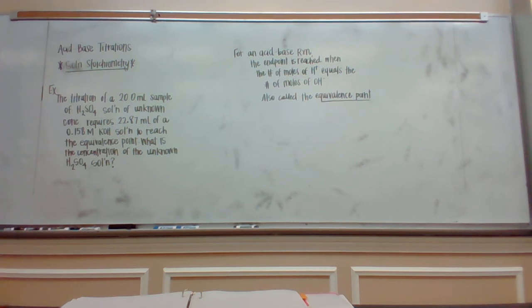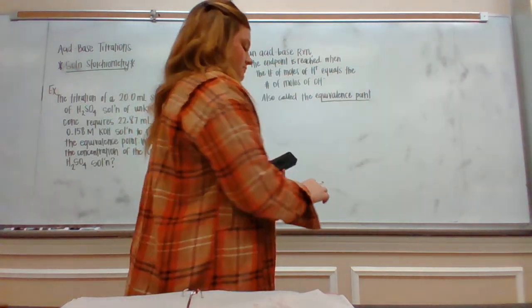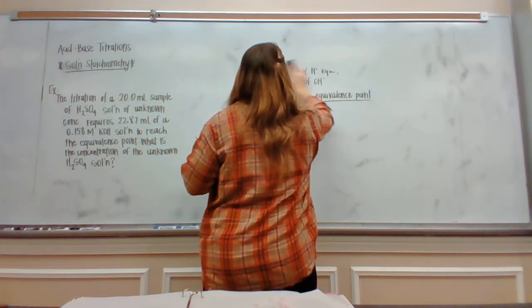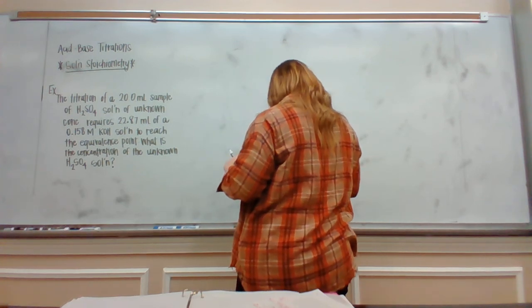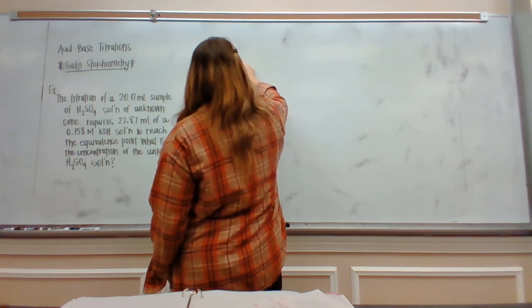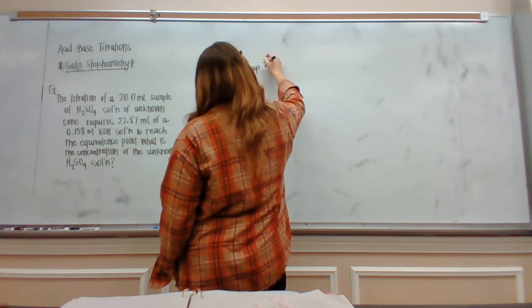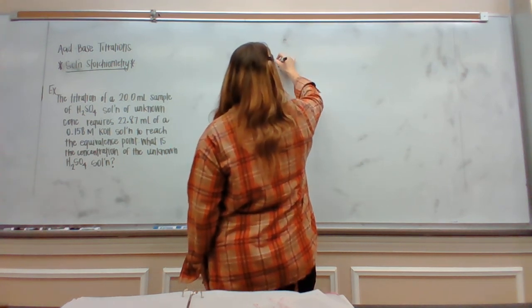Alright, so the first thing you have to do with acid-base titrations, normally the equation is not given to you. So you've got to write the equation and balance it before you can ever start working with the problem. Let's do that for this. So I'm reacting H2SO4 with KOH.